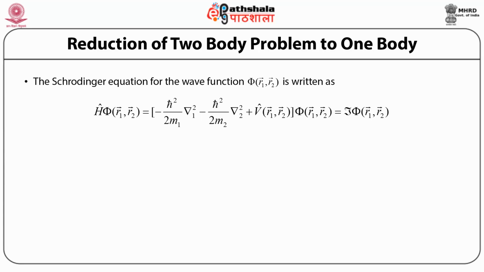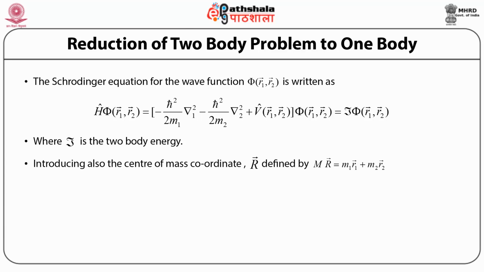The Schrödinger equation for the wave function phi(r1 vector, r2 vector) is written as H phi(r1, r2) equals square bracket minus h-cut squared by 2m1 del1 squared minus h-cut squared by 2m2 del2 squared plus V(r1, r2) square bracket close phi(r1, r2) equals tau multiplied by phi(r1, r2), where tau is the two-body energy.